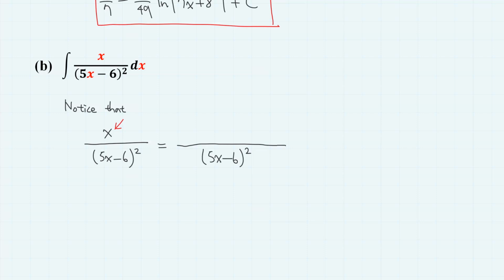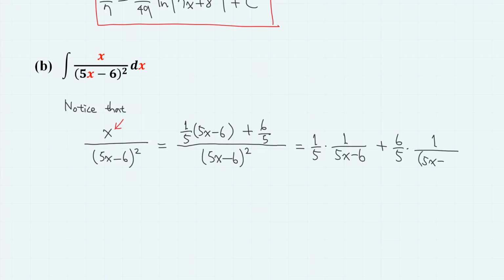So we make 5x minus 6 in the numerator by writing 1 over 5 times (5x minus 6), then plus 6 over 5 to remove the constant term. Then we have 1 over 5 times 1 over 5x minus 6, plus 6 over 5 times 1 over (5x minus 6) squared, where both terms are now easily integrable.